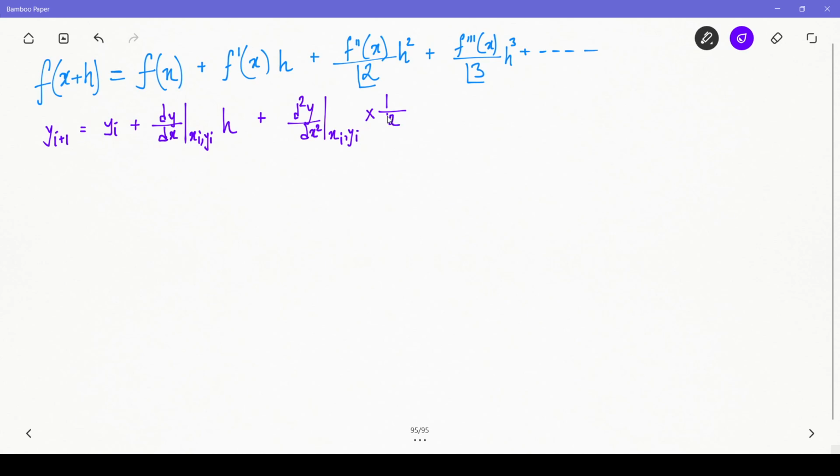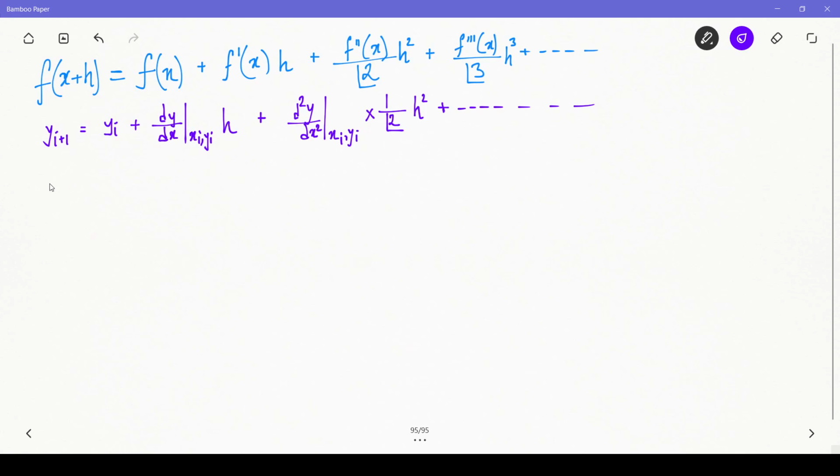So this 2 factorial will persist over here, and we have the h square, right? H square. I'm skipping the cubic term, so it will basically progress as something like this.